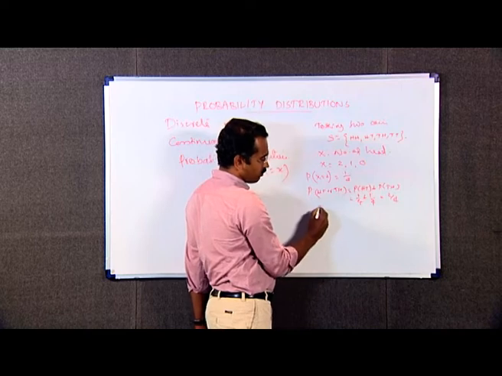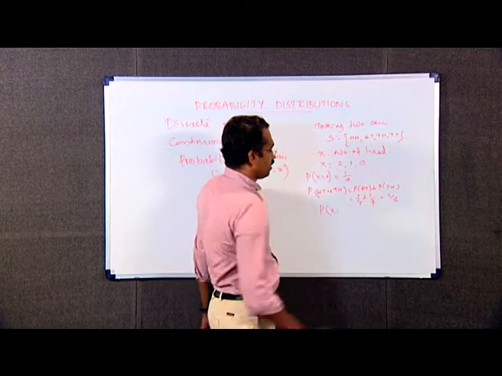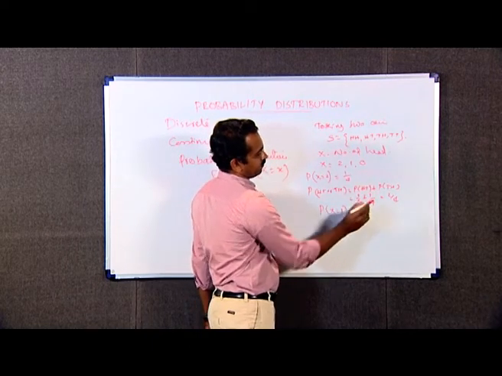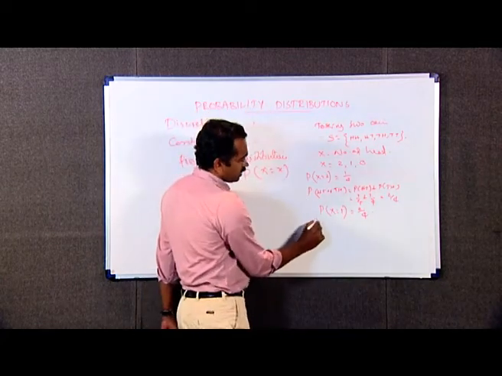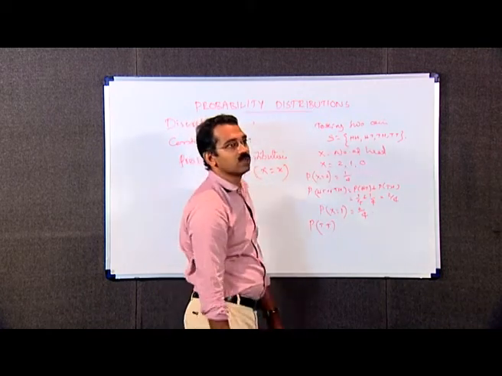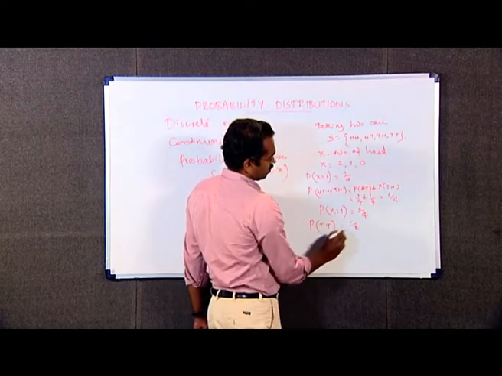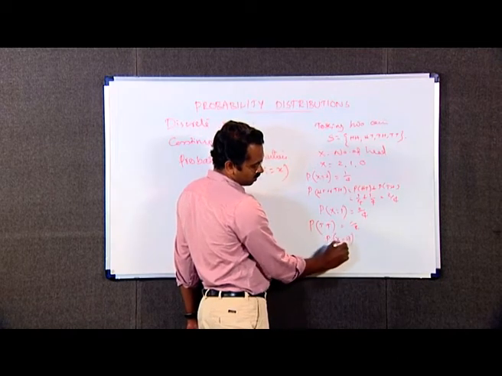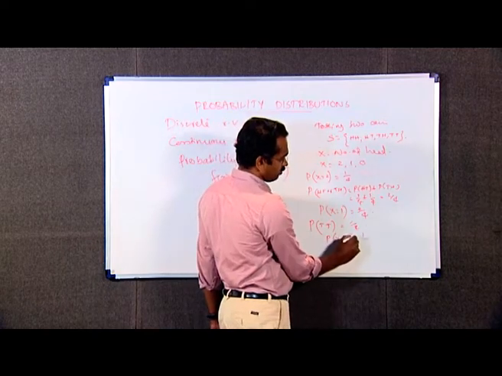This means p of x equal to 1 is 2 by 4. Now, probability of getting no heads means getting TT, that is 1 by 4 also. No heads means the value of x is 0, that is p of x equal to 0 is 1 by 4.